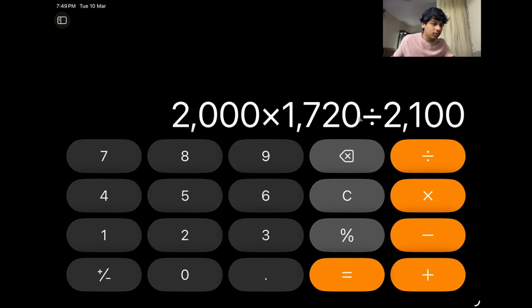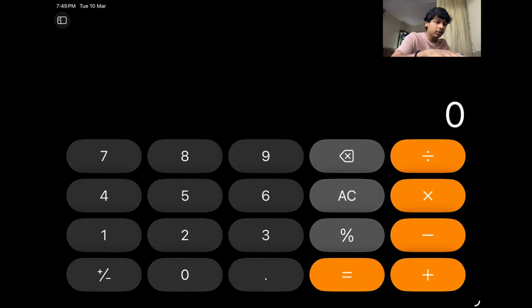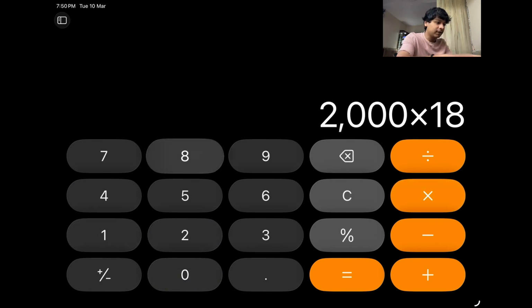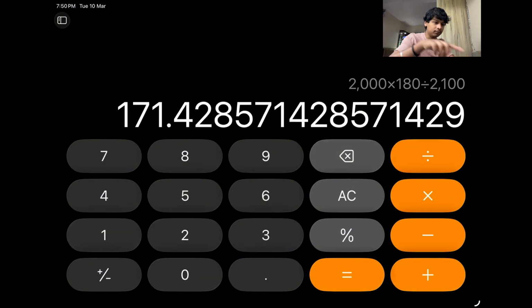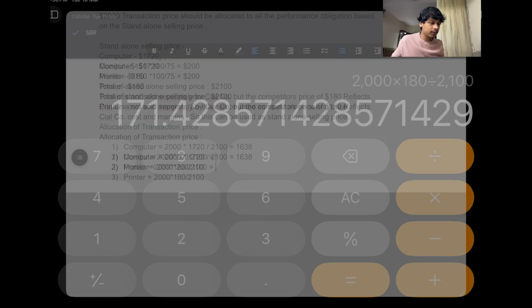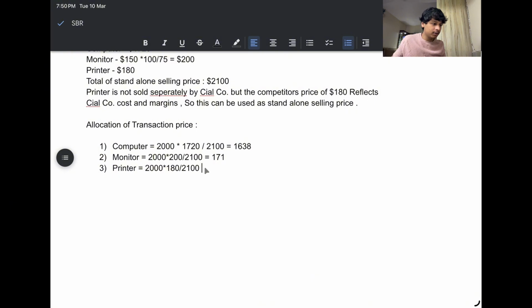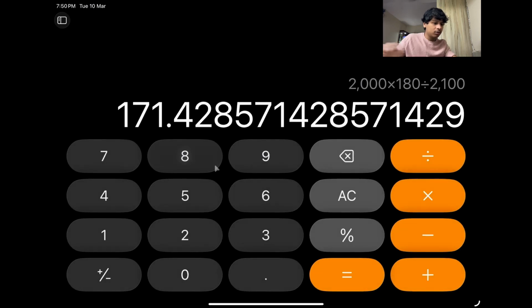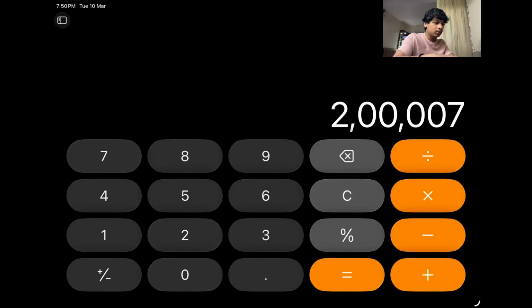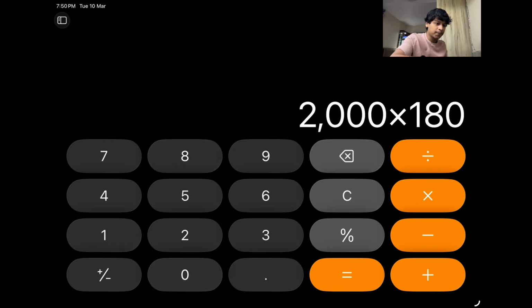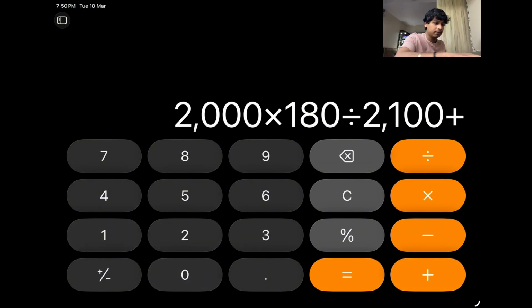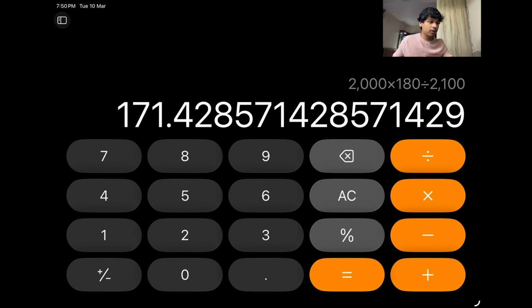Now 2000 multiplied by 180 divided by 2100 is 171. Okay, this has been done.